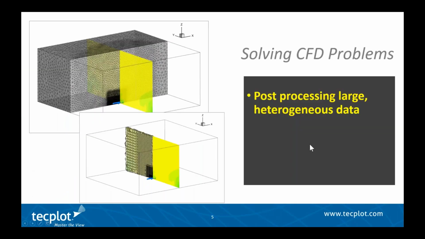So how do we save you time? Well, we invent new technologies like our SZL file format, which stands for Subzone Load on Demand. The image you see on the left is a visual representation of what most post-processors have to do to create a slice. You have to load the entirety of the volume grid to create that one thin slice through your domain, whereas the Tecplot SZL file format subsets the grid, and we only have to load the cells required for that slice.